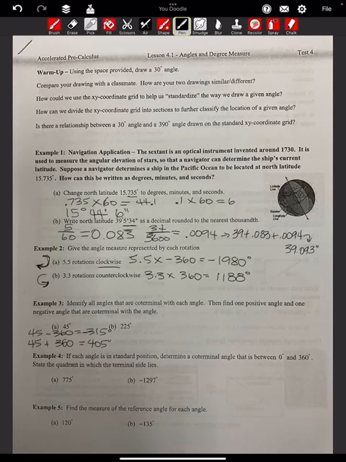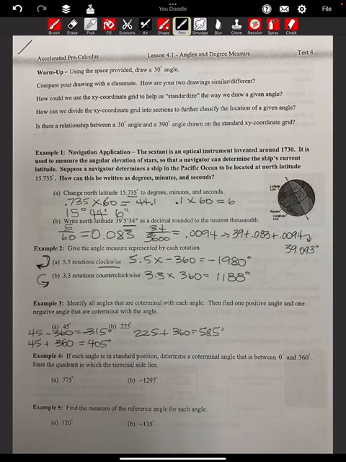All right. Example number 3. It says identify all the angles that are coterminal with each angle. Then find one positive angle and one negative angle that are coterminal with the angle. So here, it's kind of the same concept. What we're going to simply be doing is either adding or subtracting 360. So we're going to start with 45.